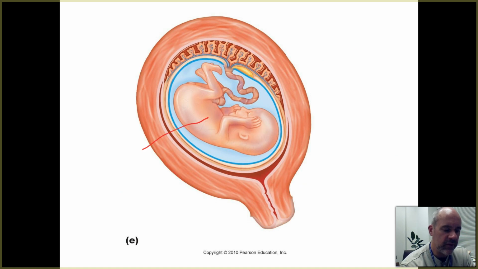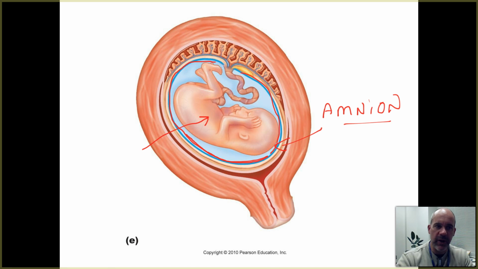And then obviously this is our fetus, called an embryo earlier in development. The blue line right here, that is representing the amnion, which is the clear, transparent membrane that forms your amniotic sac.